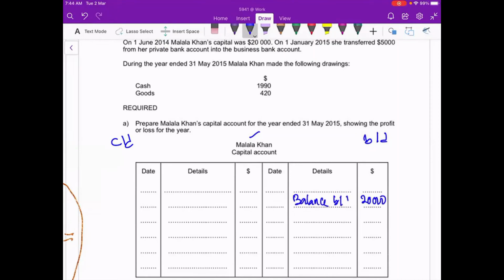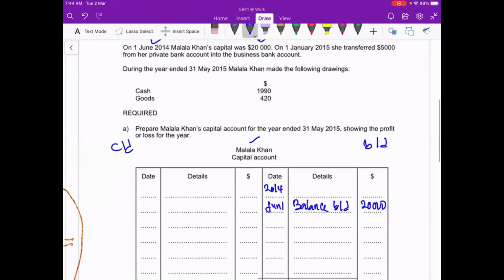Balance BD. Your date will be 2014, June 1. After that, I can see she transferred 5,000 from a private bank account into the business. If it is into the business, it is additional capital. Your capital will increase, and if capital increases, it will be on the credit side.